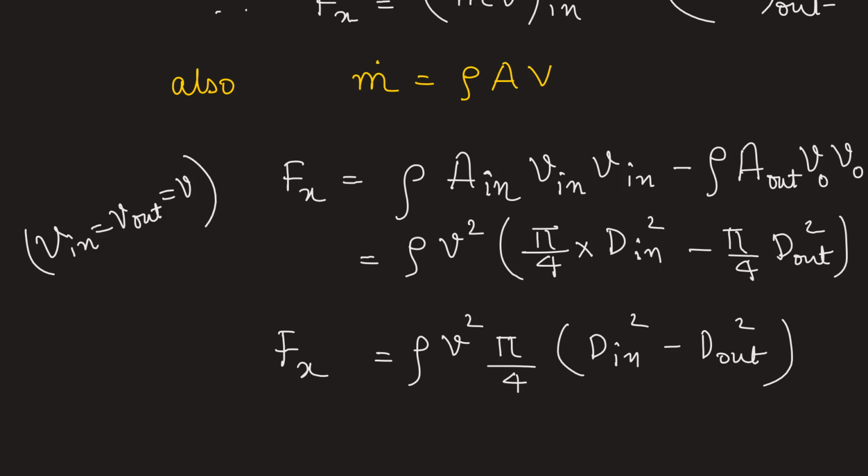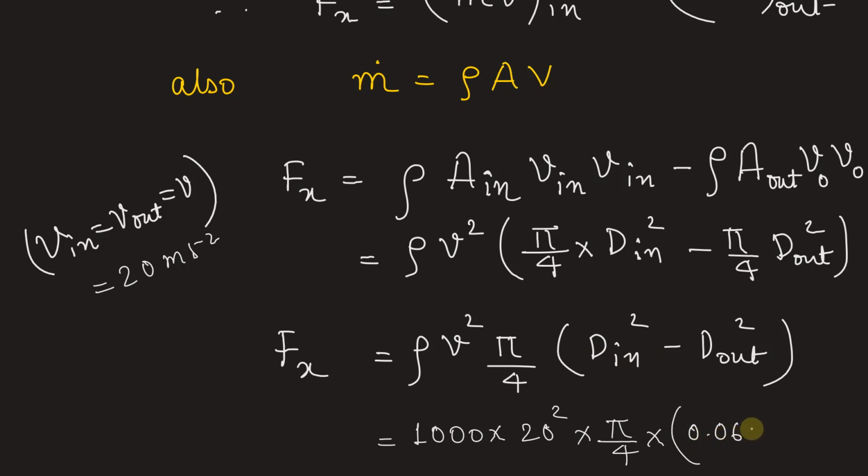Now let's just substitute the values and get the result. So the density of the fluid given is 1000 multiplied by velocity, the inlet and exit velocity is same, and that is equal to 20 meter per second. So let's write here 20 square multiplied by pi by 4 multiplied by, so d inlet diameter is 0.06 meter square minus exit diameter is 0.04 meter square.